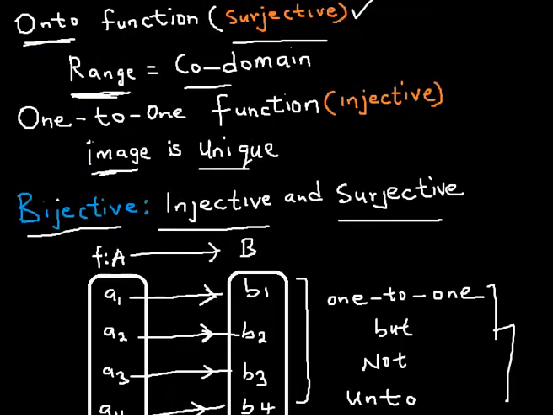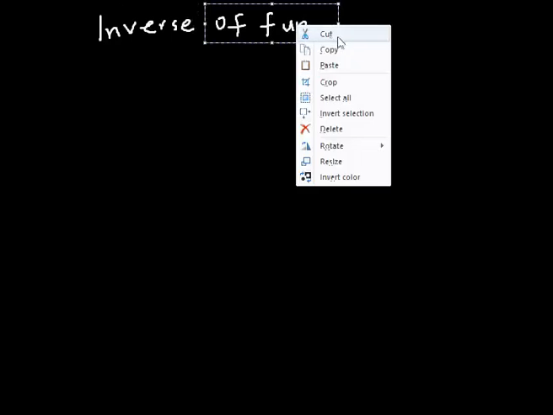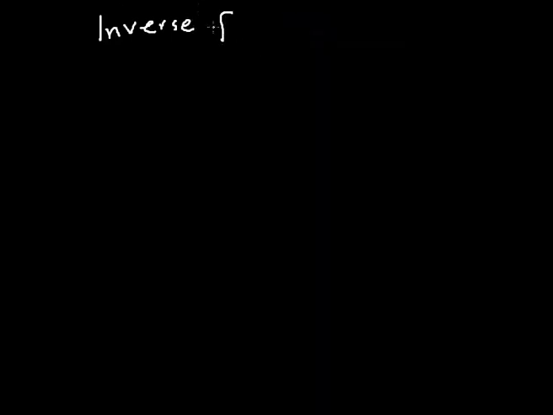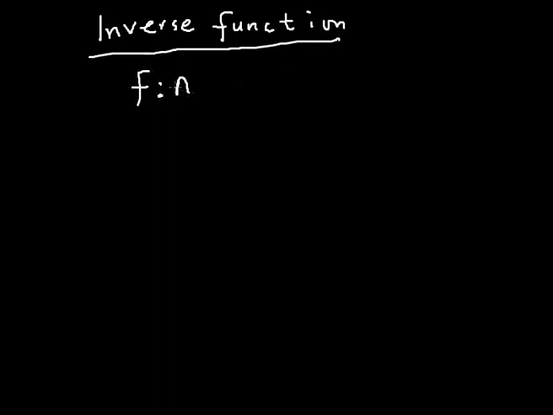As we now proceed, we are going to be looking at the inverse function, how to find the inverse of a function. Of course, we already know that a function establishes a rule that maps elements from the domain to the codomain.